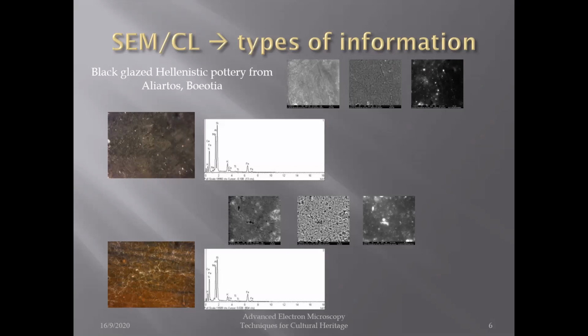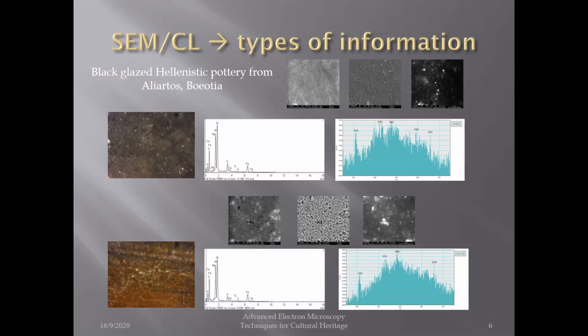And then, again, we are talking about SEM with EDS, so we will have the elemental analysis. But parallel to the elemental analysis, we can also have the CL spectrum, which you see here. And each one of these bands corresponds to a different emission of light.